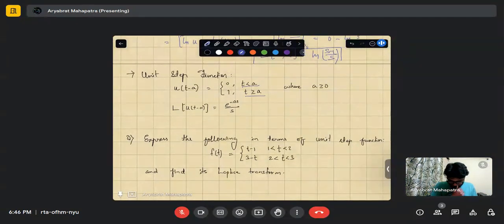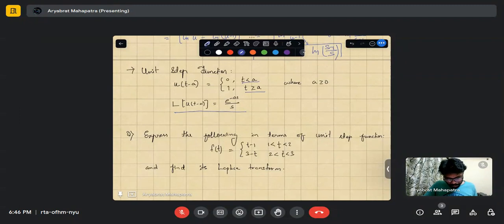For those kinds of functions, the Laplace transform is defined this way. Using this, we can try to solve this one.